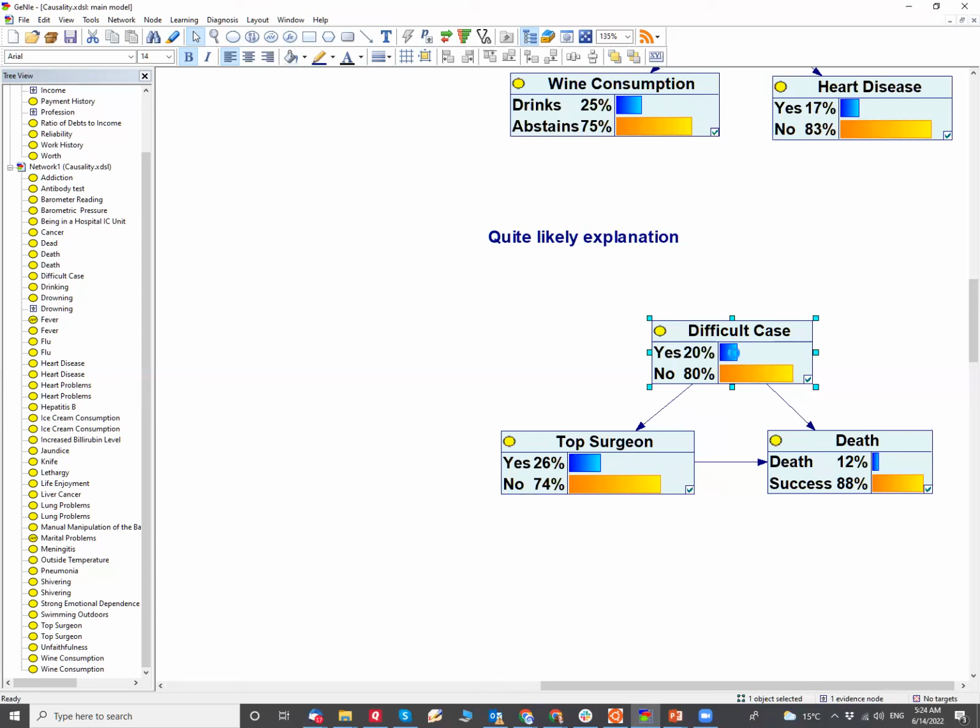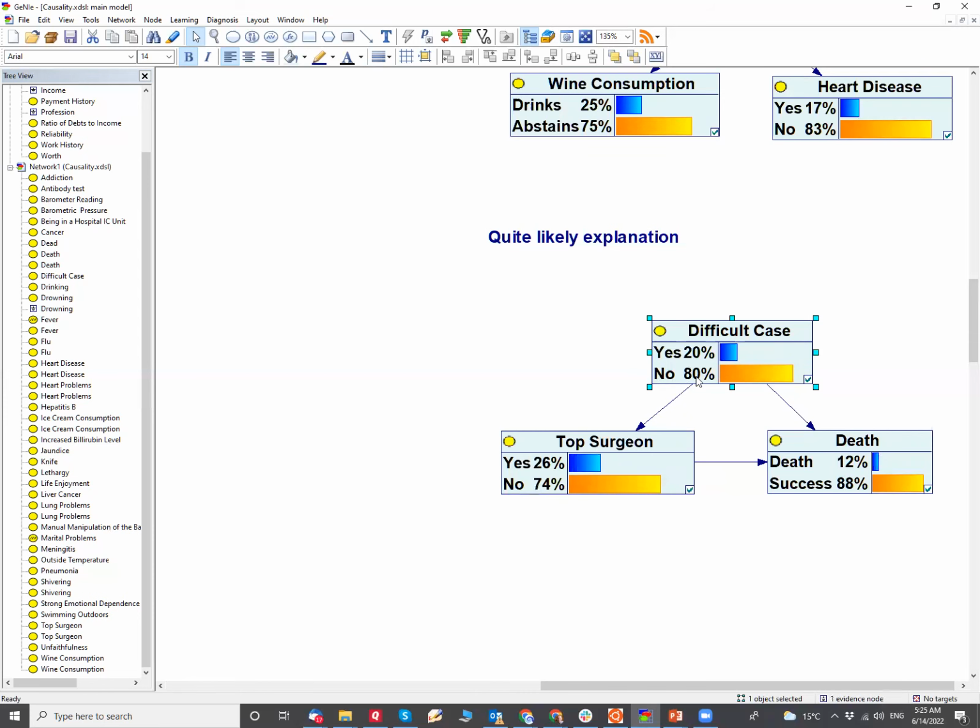When the case is difficult, it goes to top surgeons, people who have experience. And at the same time, difficult cases have a higher risk of death. Easy cases go to less experienced surgeons, and also have a higher probability of success, lower probability of death.